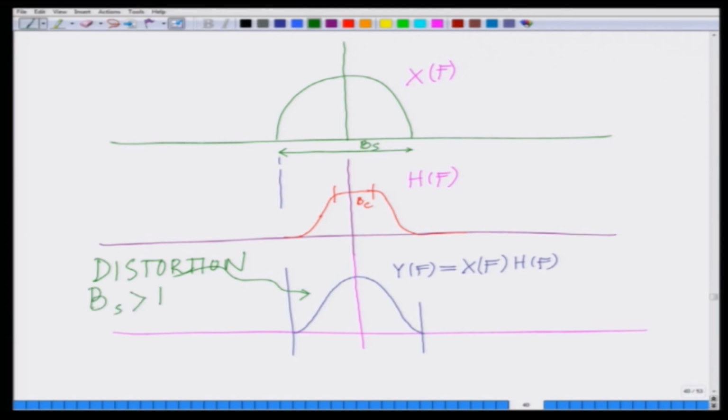Because the signal bandwidth Bs is greater than Bc, which is the coherence bandwidth of the channel.